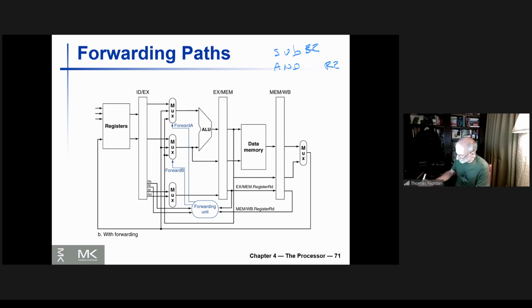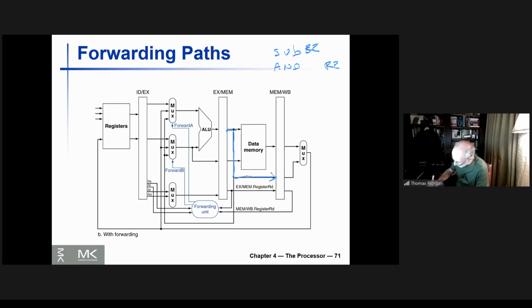Okay, so let's see first the data path for that happening. And it's this line right here. So we take this signal, and normally if we're doing an add or whatever, it just goes around the memory, just to go to the next stage.